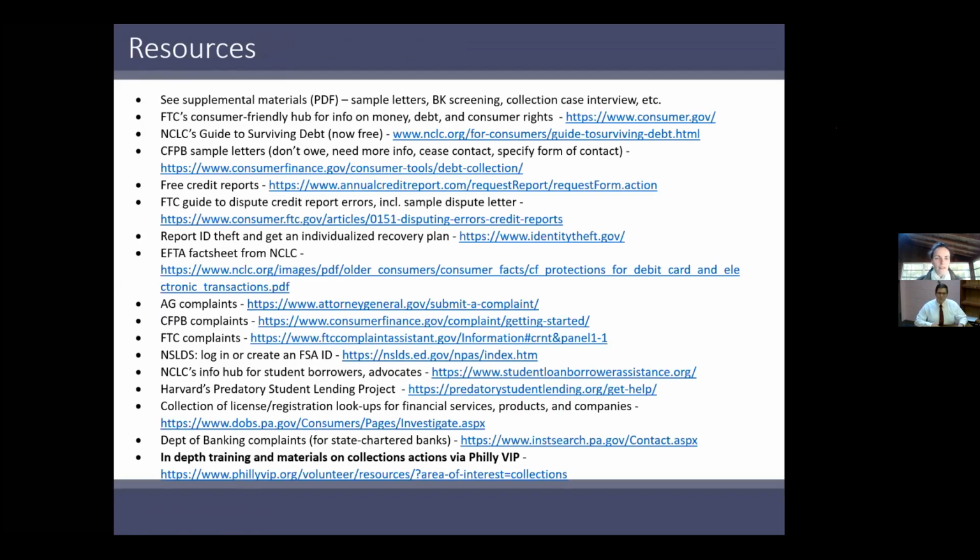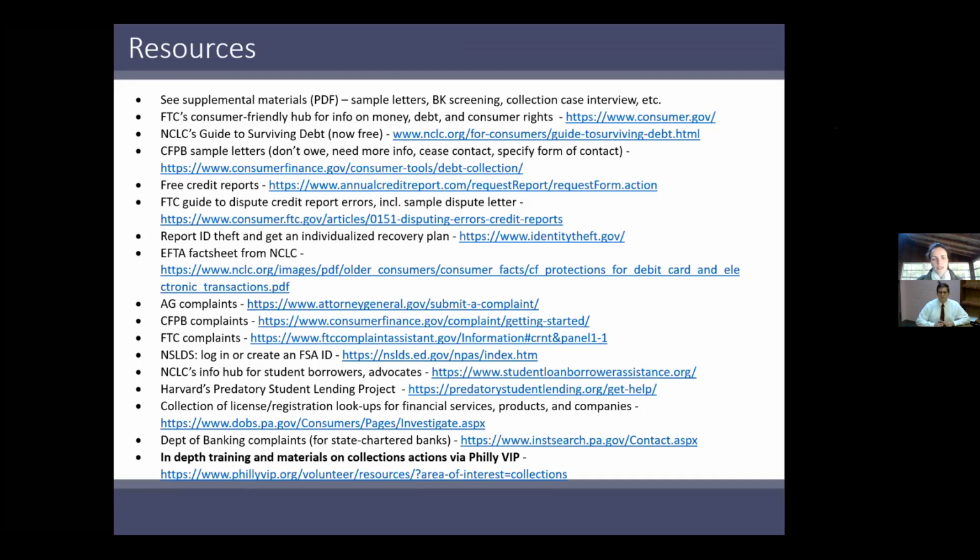We've both referenced a lot of resources through the course of the hour. Here's a collection of everything I've referenced, all the places to make complaints, and some sample letters from the CFPB and the FTC. And down at the bottom here in bold, this is a much longer training on collection actions that goes into depth and has a training manual that includes sample pleadings.